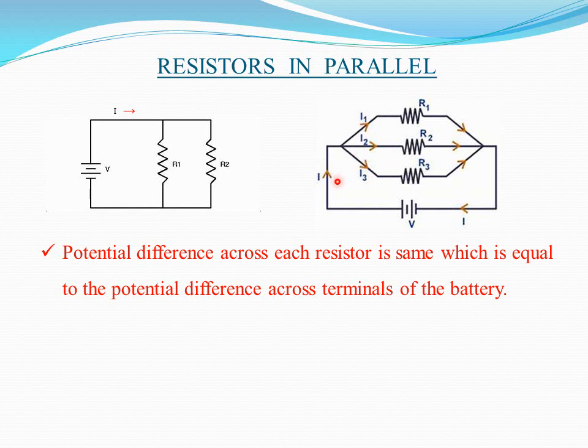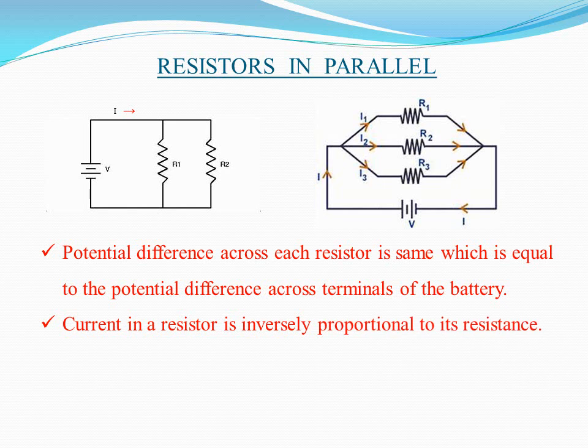In this circuit, the current flows from the positive terminal of the battery, and once it reaches this point, it is divided into I1, I2 and I3. So the current in a resistor is inversely proportional to its resistance. More the resistance, less amount of current passes through that resistor.